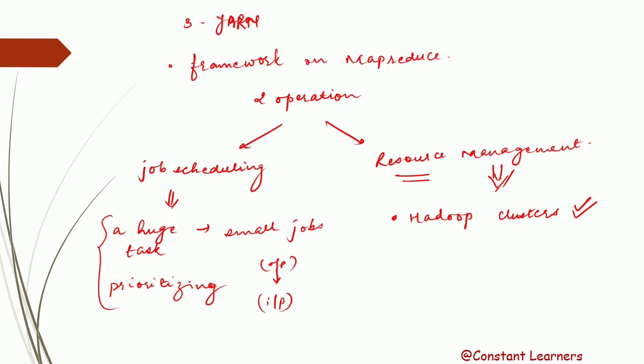So resource management provides the resources that are required to run the Hadoop cluster or to manage, process or analyze the data in the Hadoop clusters. I hope that this concept of YARN was also clear.